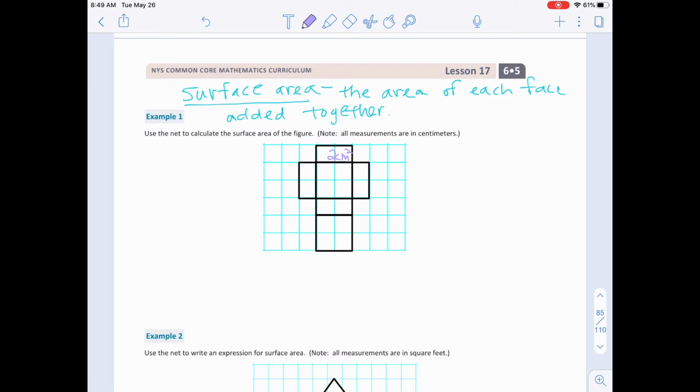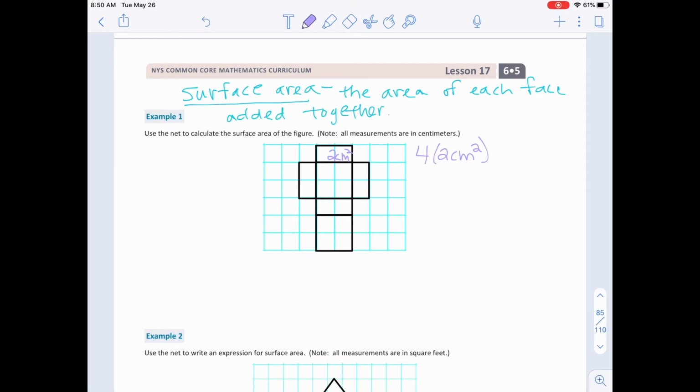So we could either use repeated addition, or I could take my 4 times my 2 centimeters squared. So you could have done 2 plus 2 plus 2 plus 2. I'm just going to use multiplication to make it easier.